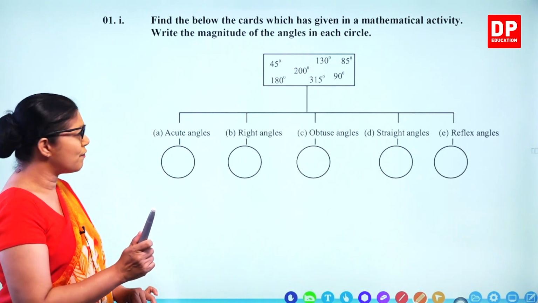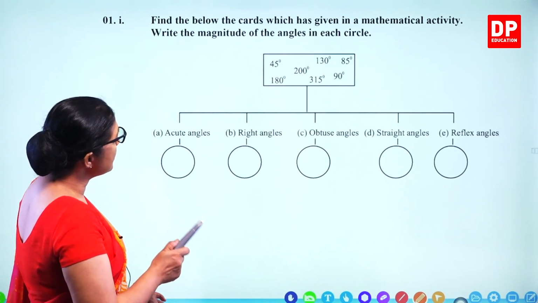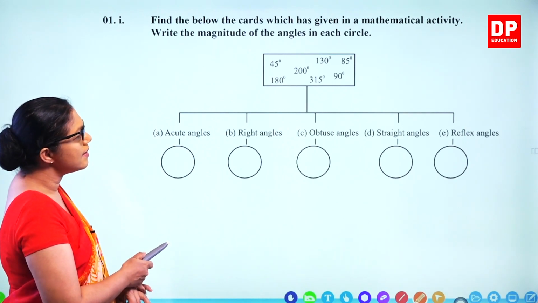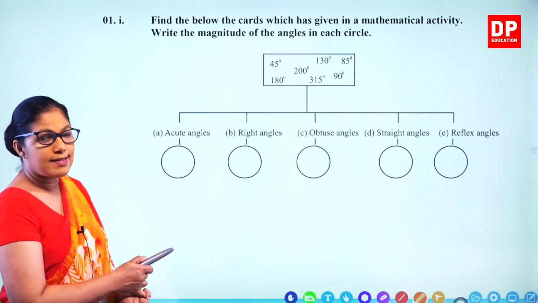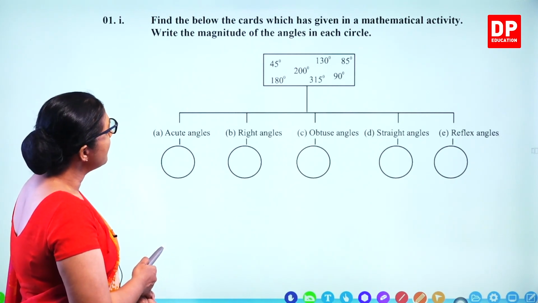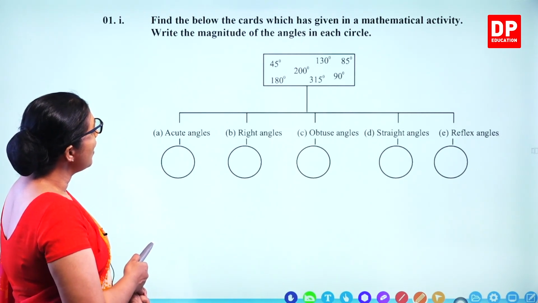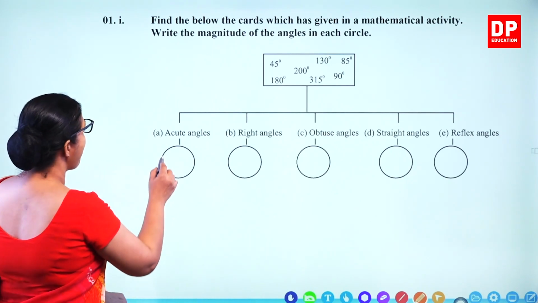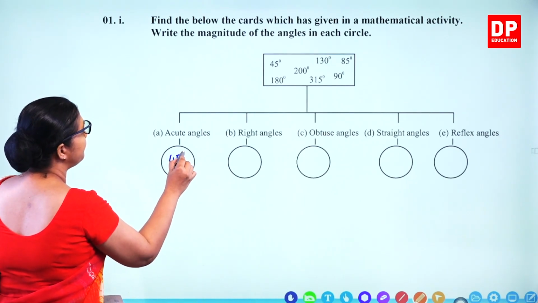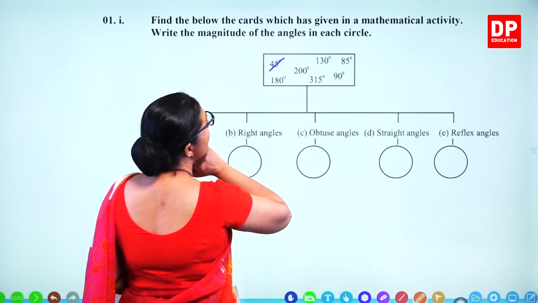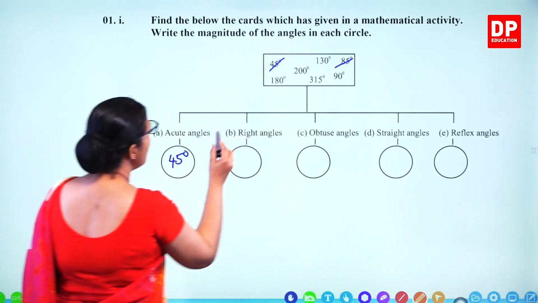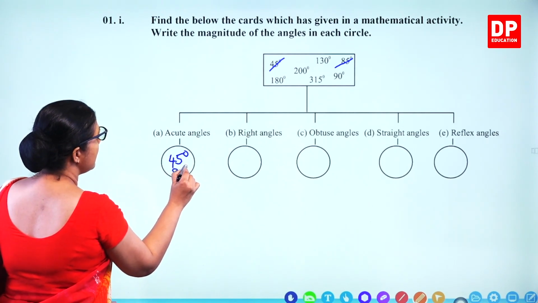So you have to identify acute angles, right angles, obtuse angles, straight angles and reflex angles. Acute, less than 90. So what are the angles? You get 45. What else? We took 45. Then 85 also less than 90.